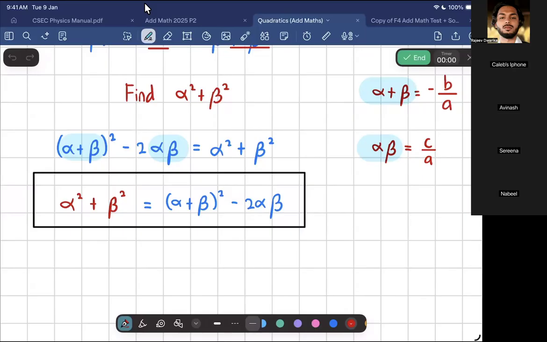So Caleb, did you make any progress with these so many roots? Caleb, you there?